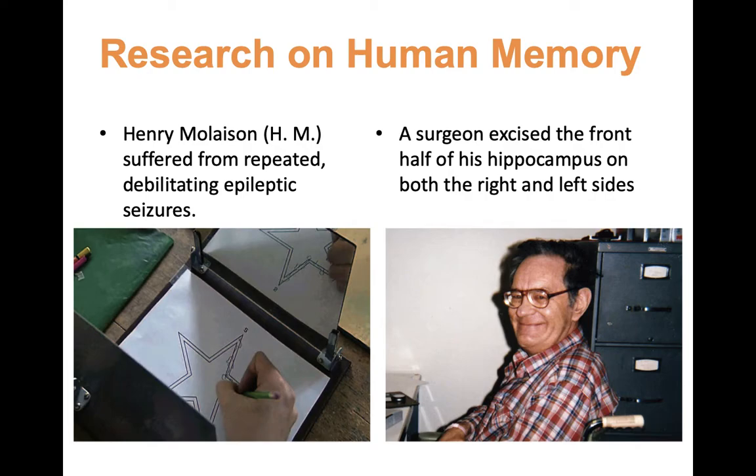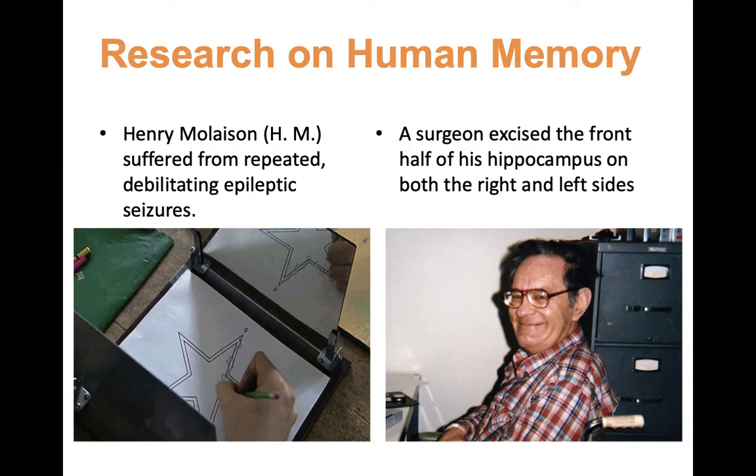One of these researchers, Milner, and then later along with colleague Suzanne Corkin, ended up studying HM for over 40 years. And so they learned quite a bit. He was one of the most studied patients in cognitive psychology.